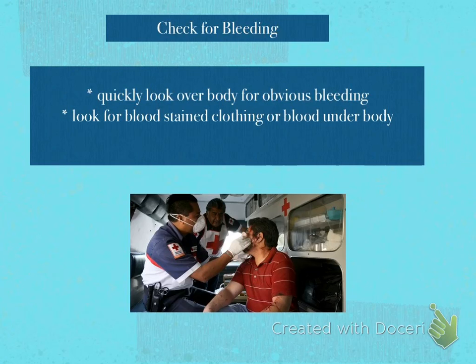Because if you've got them laying on their back and you're just looking at the front of them, they could have a knife or gunshot wound in the back of their thigh, or be bleeding on the bottom or the back of their head if they hit their head. So you've got to do not only a scan at the top, but run your hands around under them, without moving them, to see if there's blood.